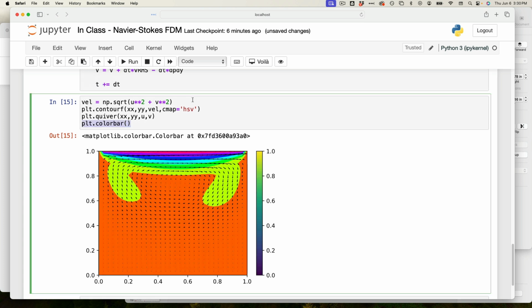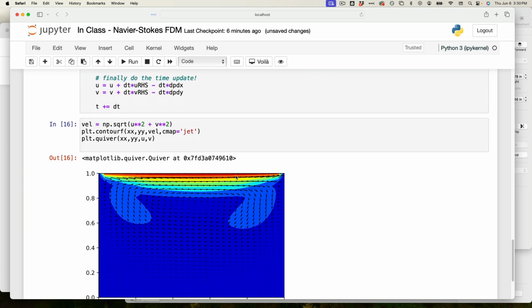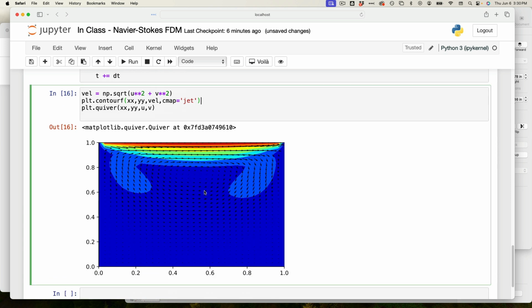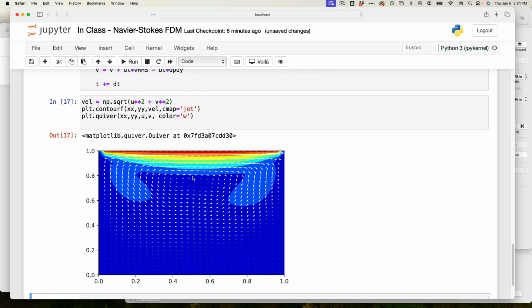This is not the corresponding color bar to HSV. Okay, red is high, blue is low, right? And they're moving, so let's color them as white. Color equal, let's see, W. Yep, so you can see them now.